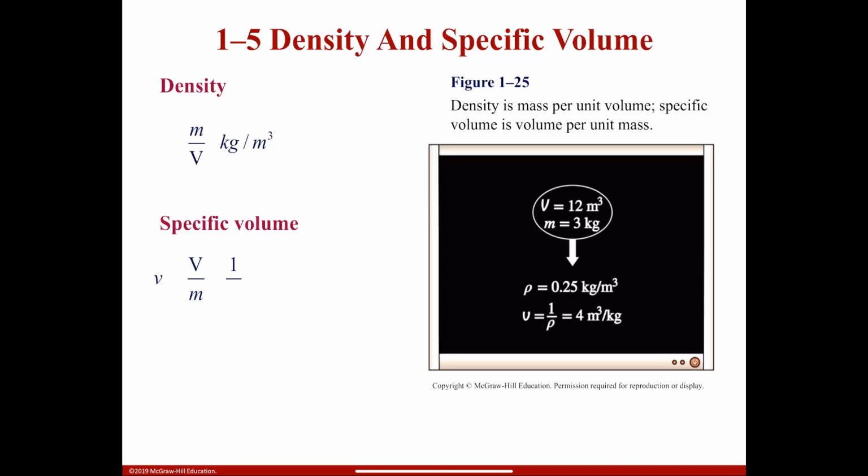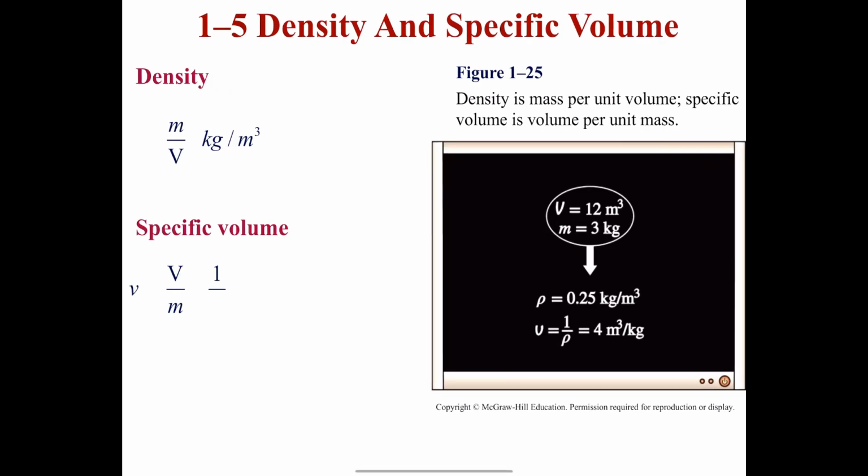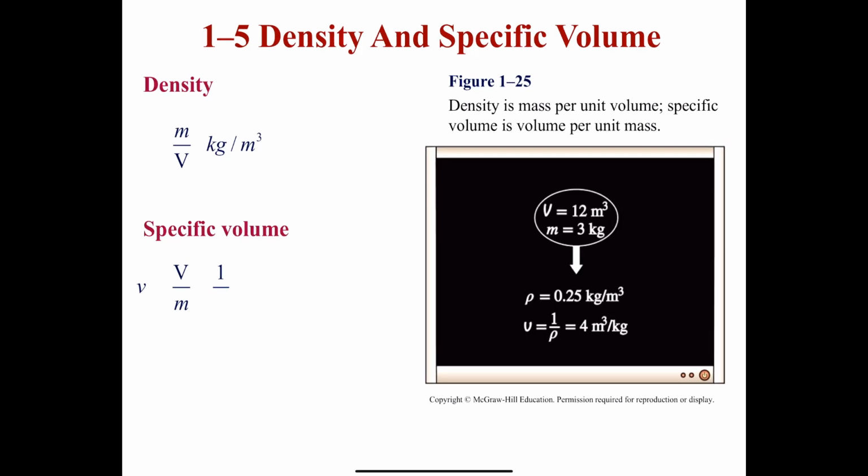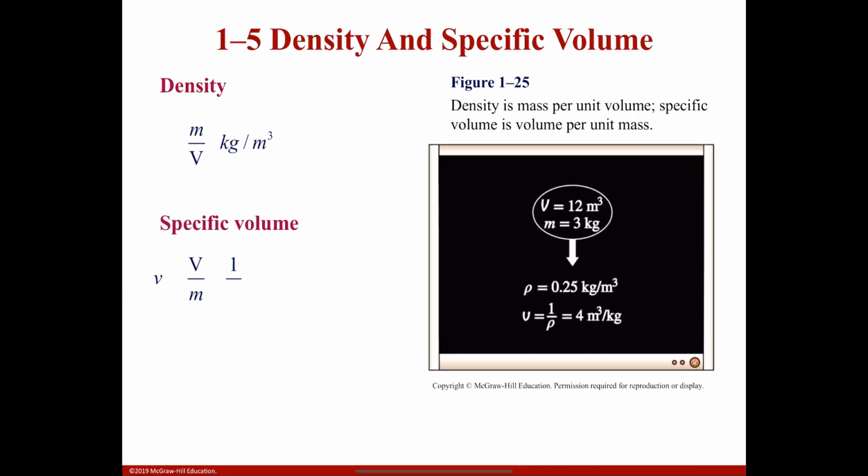So then we're going to start defining very important terms such as density and specific volume. So density, right, you all know that, sorry about that. Density is defined as mass over volume, and this is kilograms per meter cubed. Let me put it right here, much better.